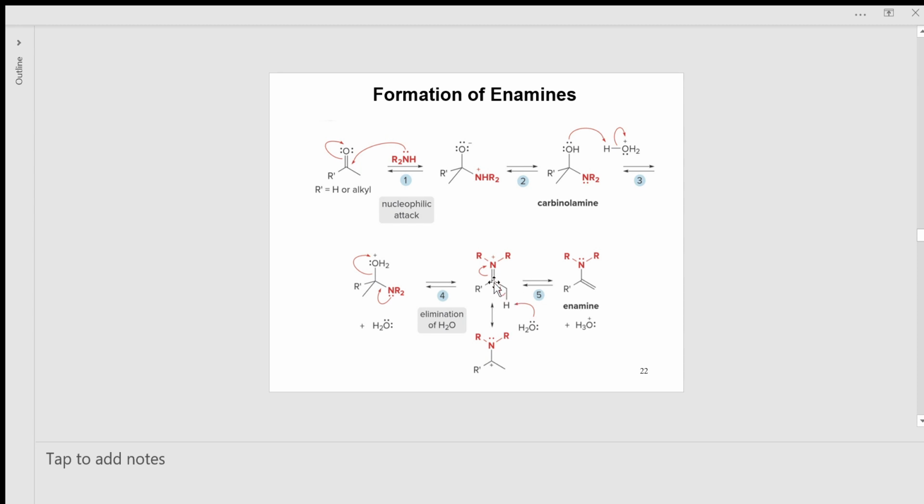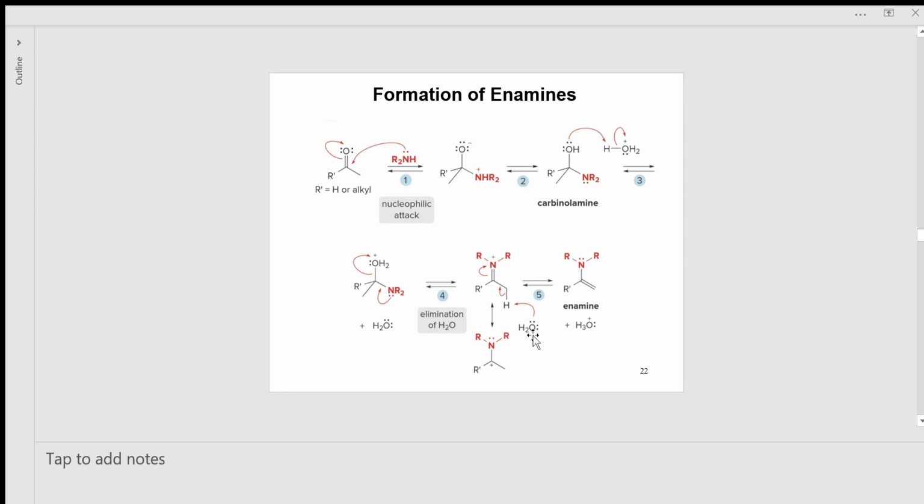This is the carbonyl carbon. Then we go to the next one, that's the alpha position. This alpha carbon has a hydrogen here. Because of the positive charge here, this hydrogen has some acidity. So the next step is an acid-base reaction.